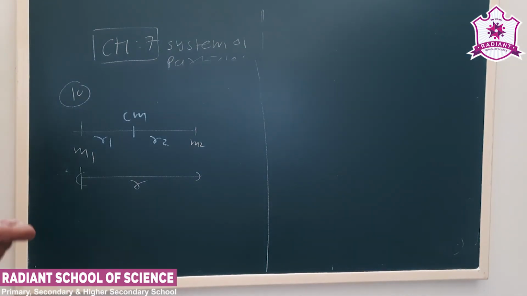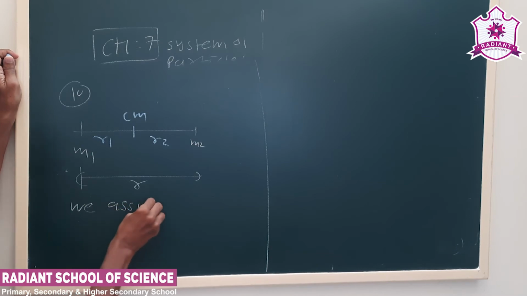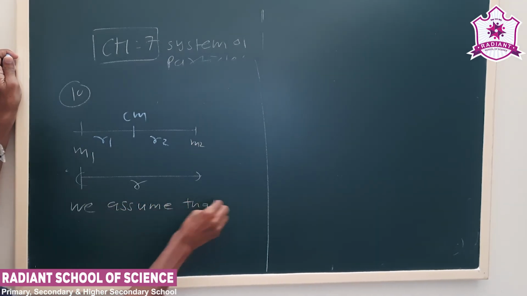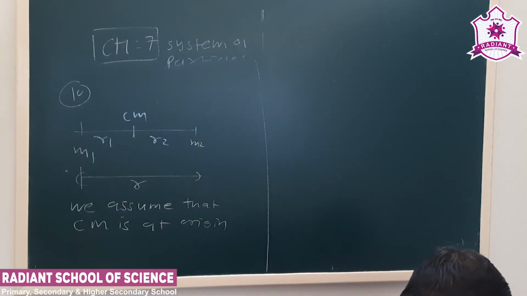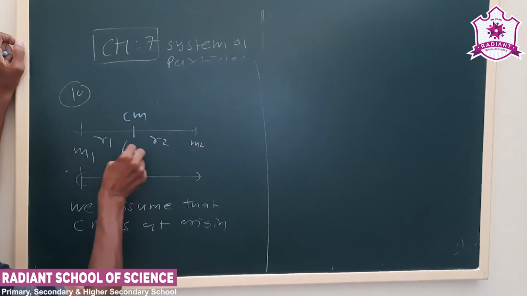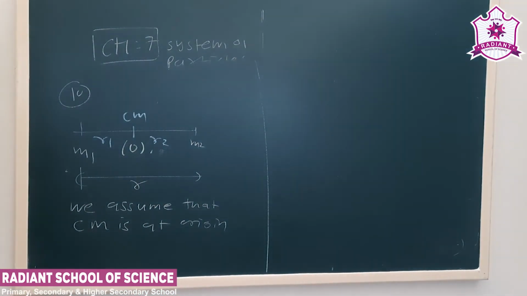Now see here, for simplicity we assume that the center of mass is at the origin. Let us assume that it is a one dimension system, only origin. Now what is the formula?